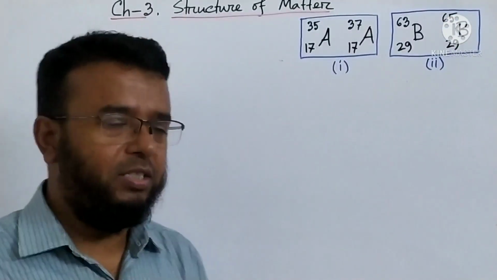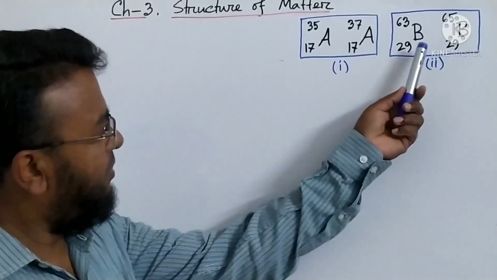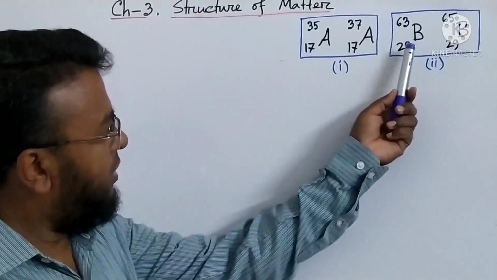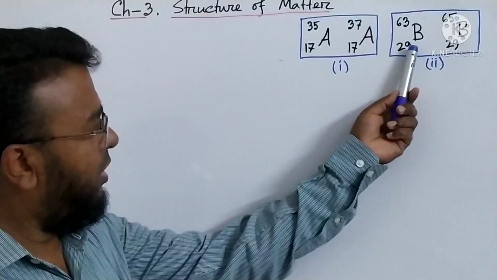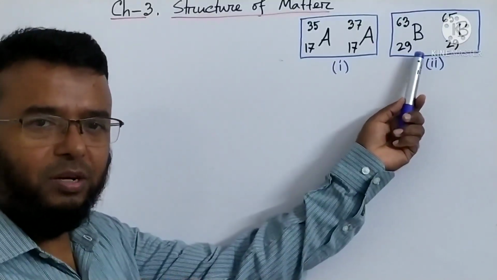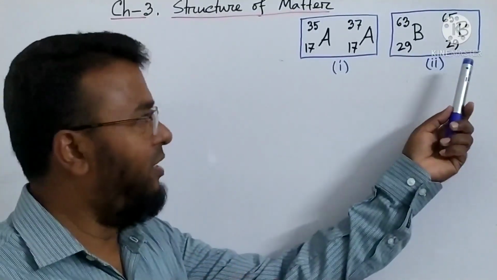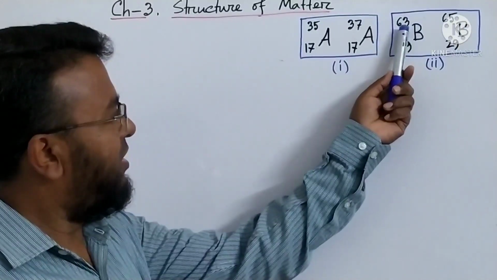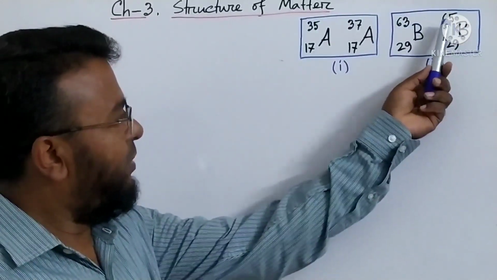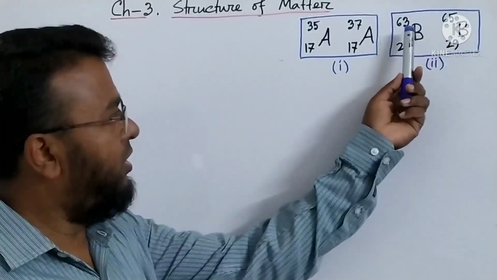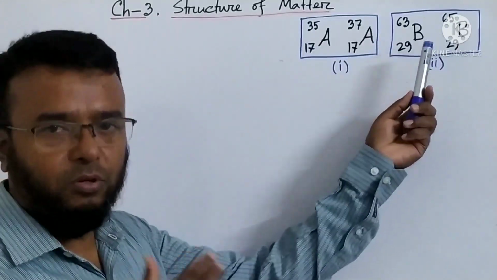Okay, dear students, now number D, everybody see the stem number 2, it is atomic number 29. So everybody knows atomic number 29 is copper. So here one mass number is 63 and the other mass number is 65. So these are the isotopes of copper.